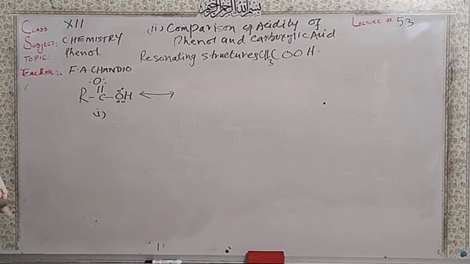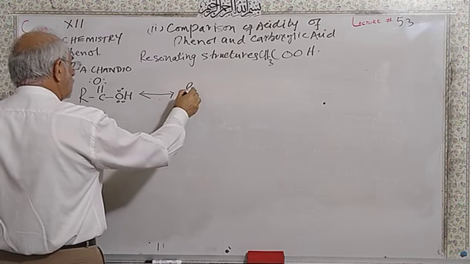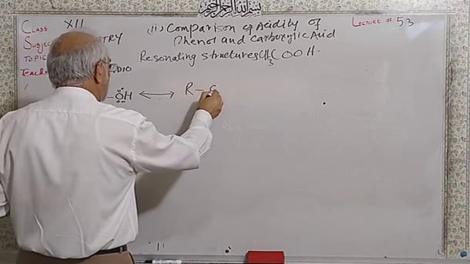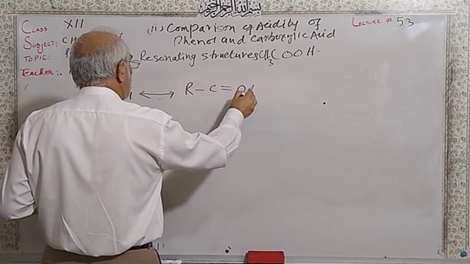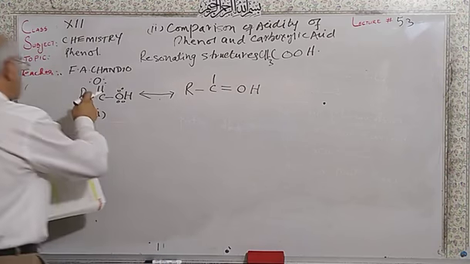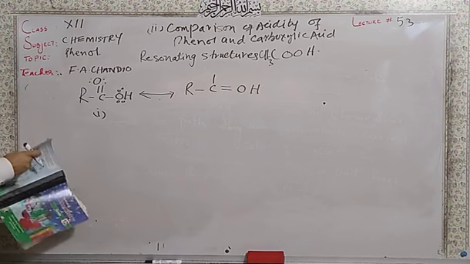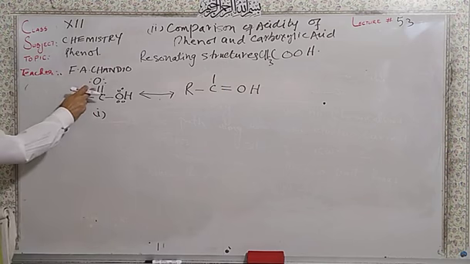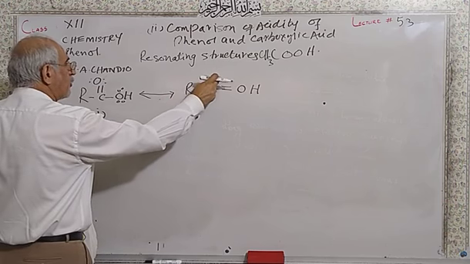When we put a double bond here, this double bond is going to be removed, because the valency of carbon is 4: 1, 2, 3 and 4.